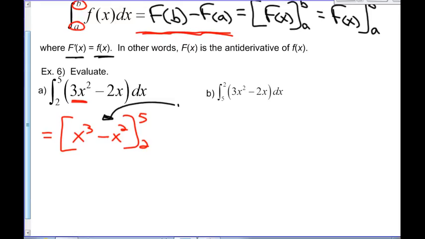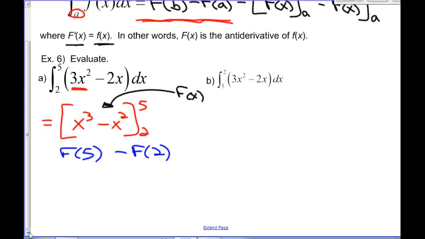Okay, so this function right here, that's our big F. And what we're going to do is take big F at 5 and subtract big F at 2. The antiderivative at 5 minus the antiderivative at 2. Let's see what happens.